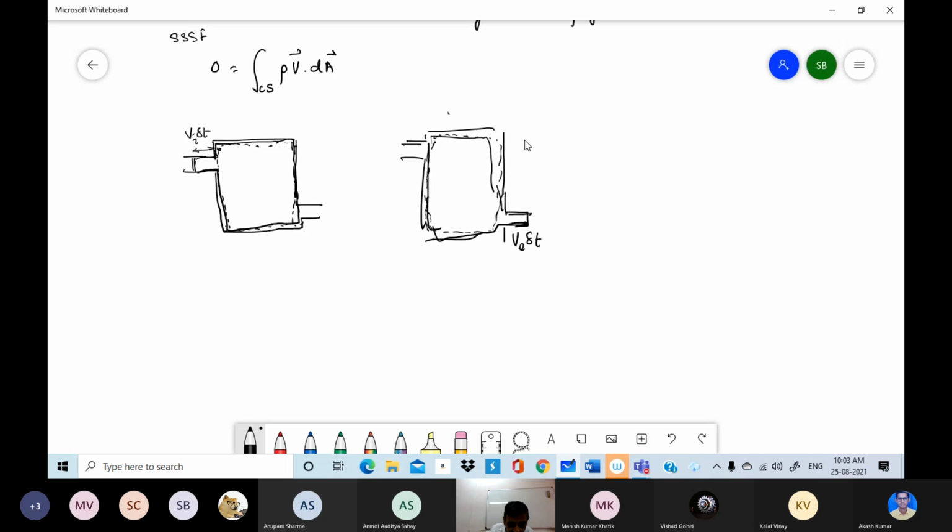Our aim is to derive the following. If I have a certain property, capital B, which is the extensive property, associated with a value beta, which is the property per unit mass, the intensive value, what is the rate of change of B for the system?